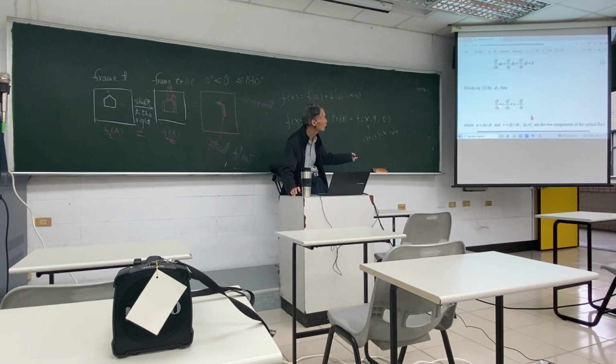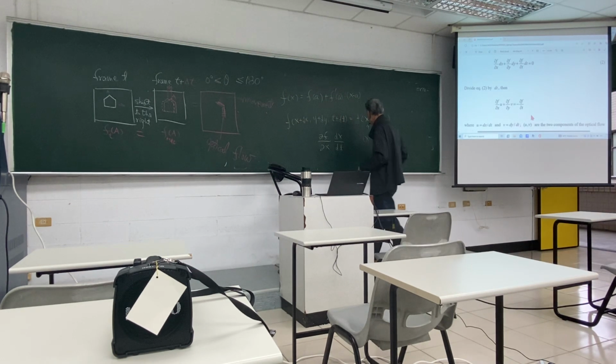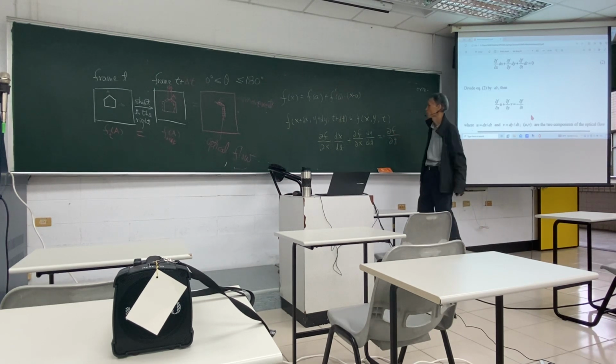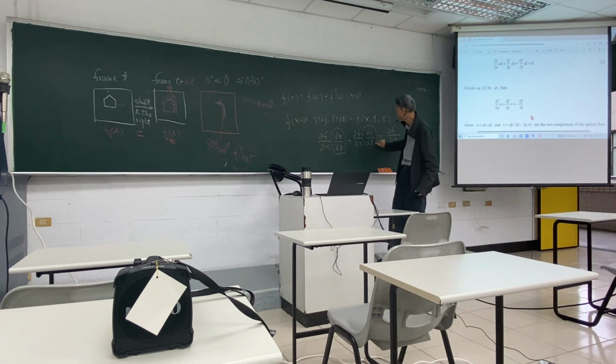That's what we got. u is dx over dt, and we take the rest to the right hand side. This term and this term are what?